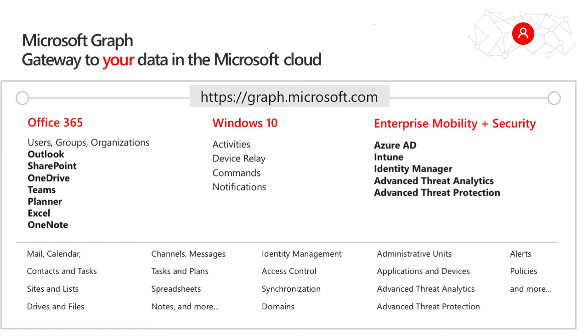And that's going to allow us to authenticate either using our consumer accounts, like a Microsoft account, or using our work and school account, like an Azure AD based identity that we would use in Office 365. You also are going to be able to leverage OpenID Connect, which is going to give us the ability to get some information about the currently logged on user. Now, once we are authenticated, we then have the option of many different ways that we can talk to the Microsoft Graph.